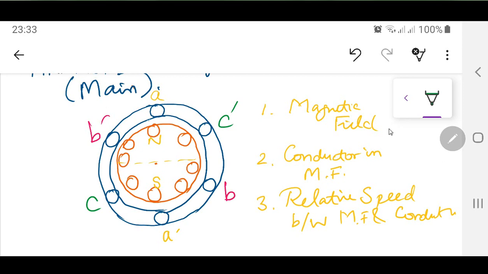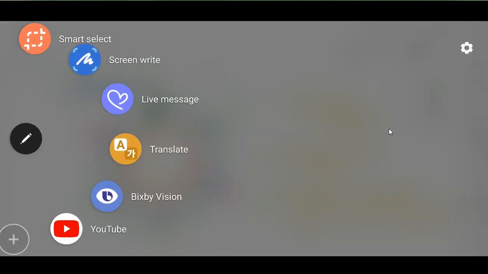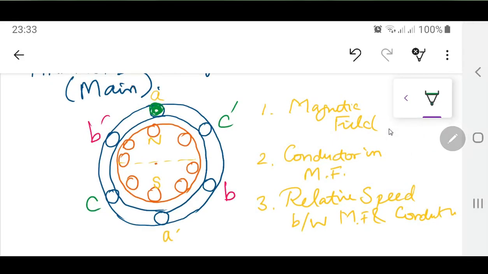So for this conductor A which I am highlighting at present, if this rotor is rotating in the anti-clockwise direction, the A conductor is going to feel that it is moving in the opposite direction.